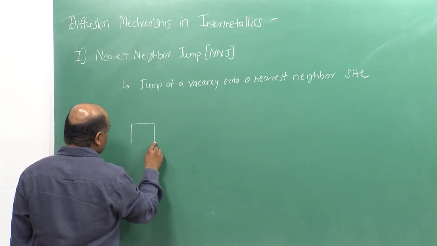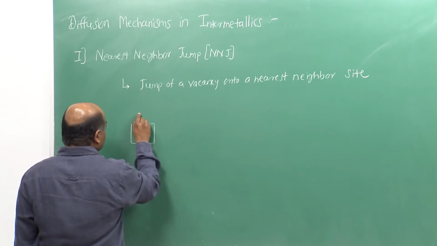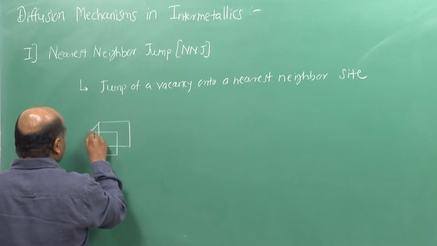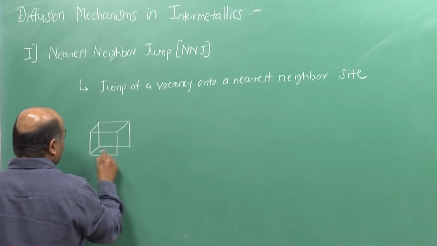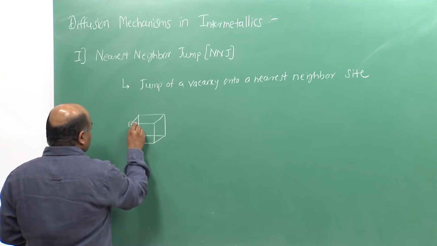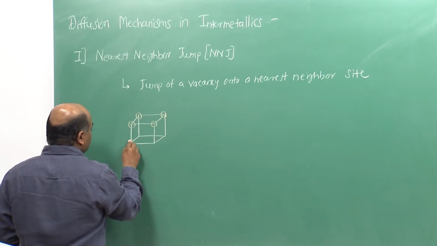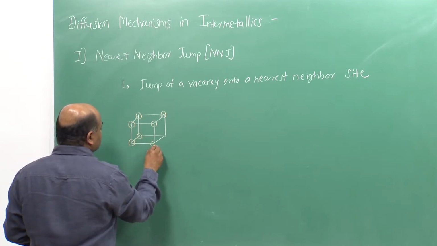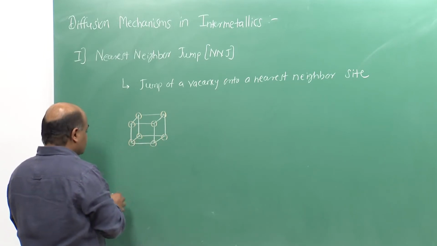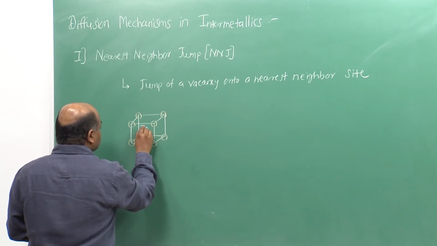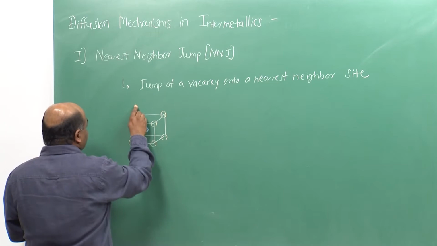So, if we consider a B2 structure, corner atoms denoted by red color, these are type B atoms, and this body center atom as A, which is denoted by blue color.